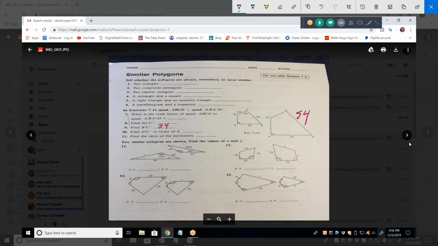Find DC in terms of K. Or D prime, C prime in terms of K. So what is it? It would be 36K over 5. Give me the basic equation. It's 4K times 9 over 5, right?